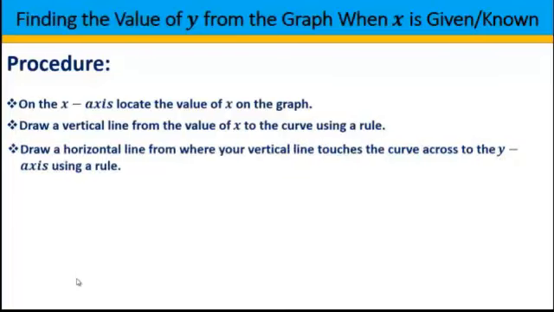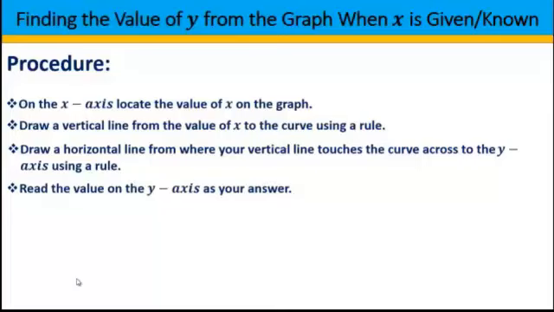Then you draw a horizontal line from wherever your vertical line touches the graph or the curve to touch the y-axis, and that is also drawn using a straight edge or a rule.